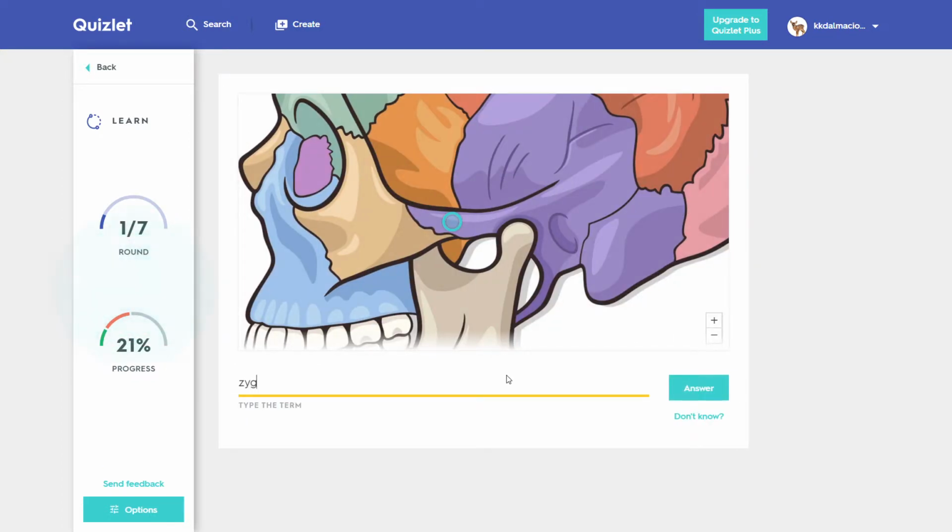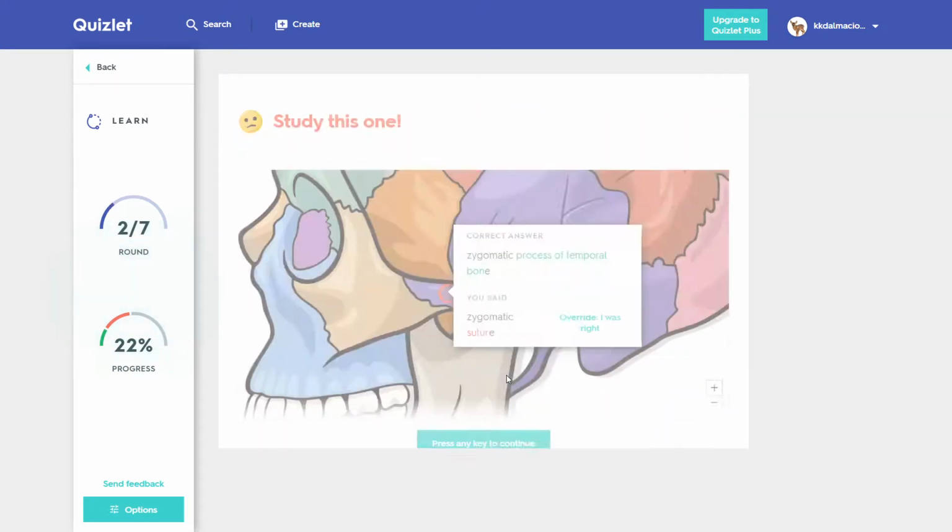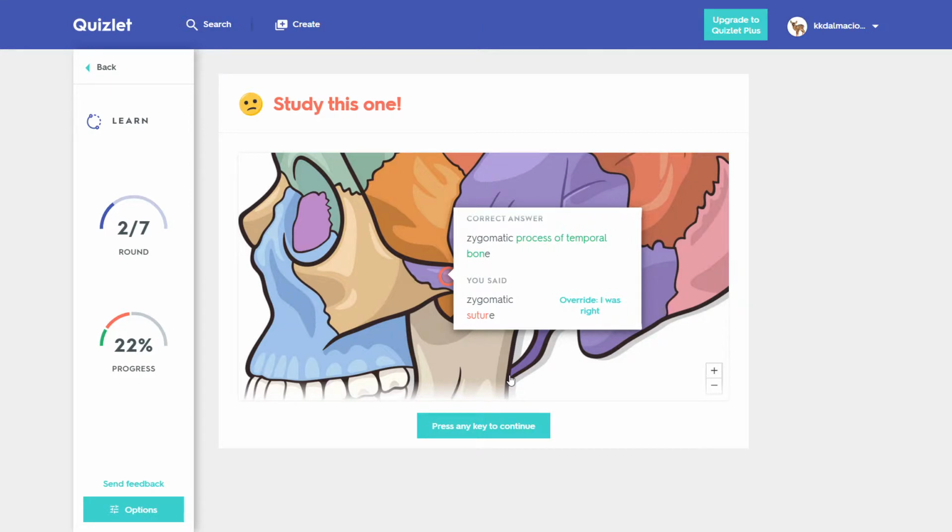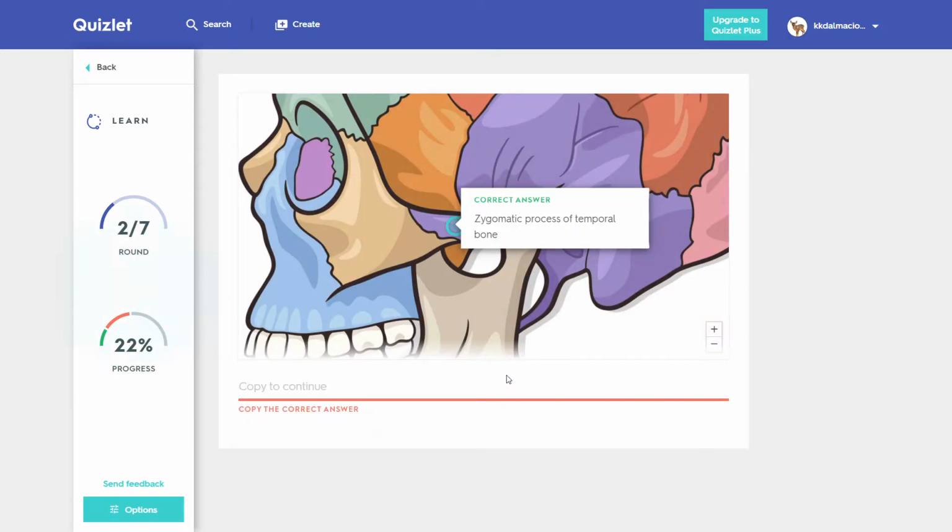Okay, now I believe this was the one I said on the last one, zygomatic suture. It's the bigger name. Okay, there was no suture. That's the zygomatic process of the temporal bone. Zygomatic process of temporal bone.